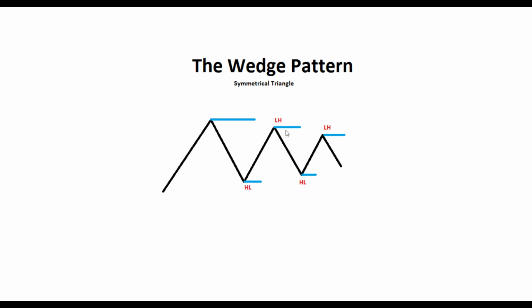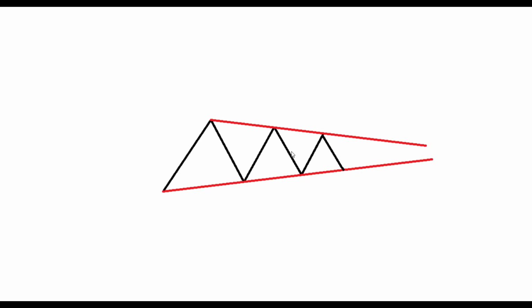The way to identify it and mark it up immediately is, as I said, the moment that you see a lower high point and also a higher low point, you can go ahead and mark it up like so. Now, as you can see, it's marked up and it's ready to go.